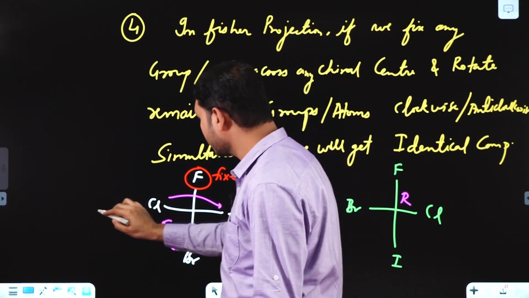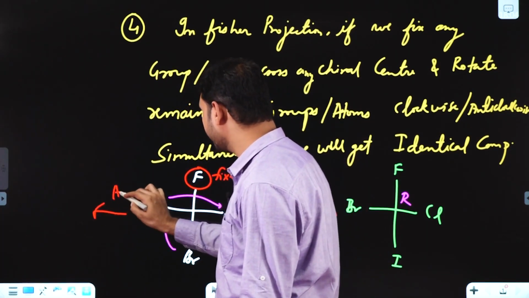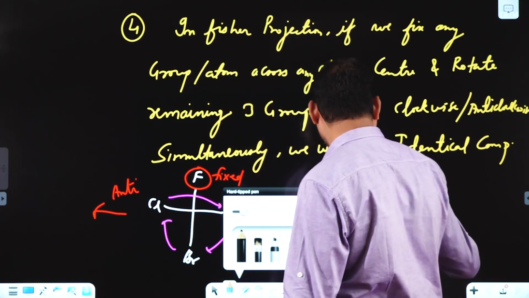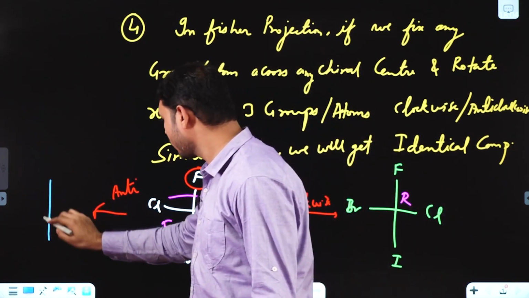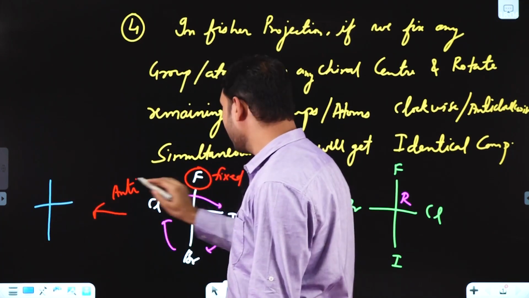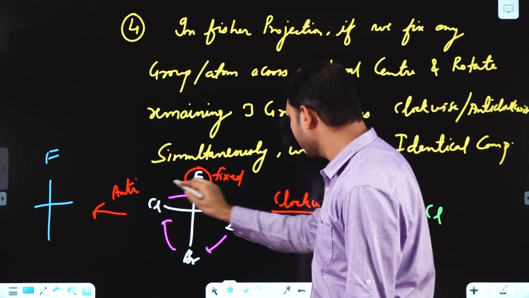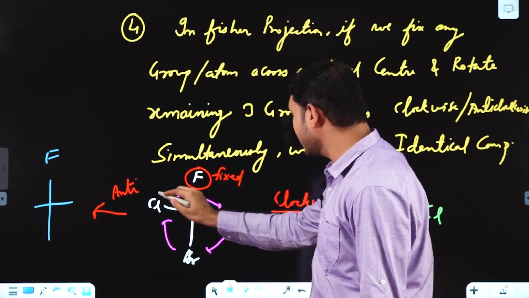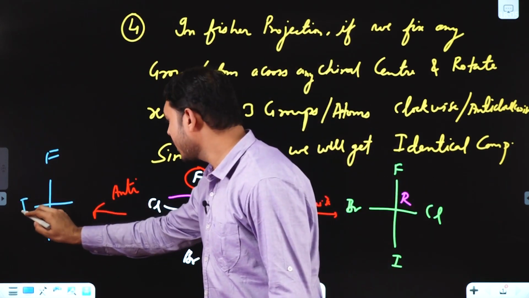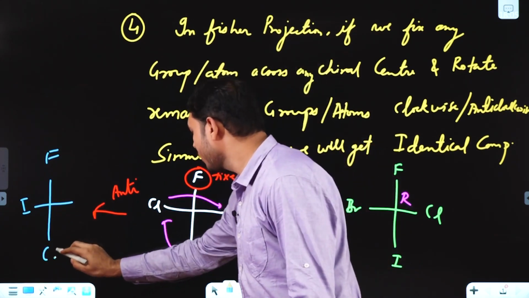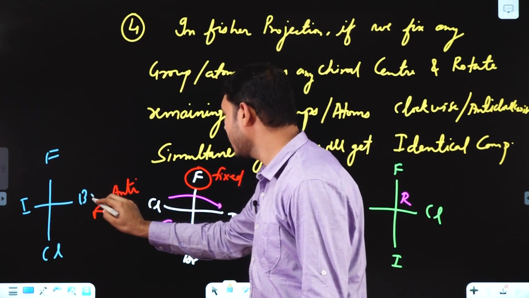So if I say anti-clockwise, what will happen? See, fluorine was fixed. Now anti-clockwise means this side, iodine goes this side, iodine here. Now chlorine will come here and bromine comes here.